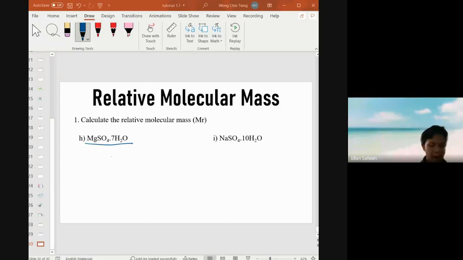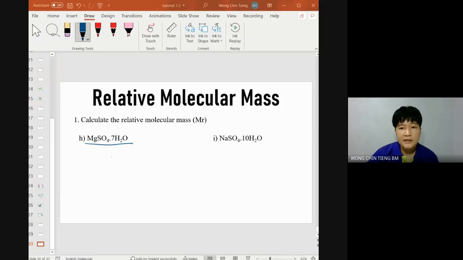Tambah. Alright. Titik kat sini dalam bahasa kimia dia bukan darab. Titik kat sini hanya menunjukkan your water molecule is binded to the magnesium sulfate. Okay, they are binded with water. That's it. It's hydrated. That is what we mean by hydrated. We have water molecule in the magnesium sulfate. That's it. The dot over here still represent tambah macam biasa.